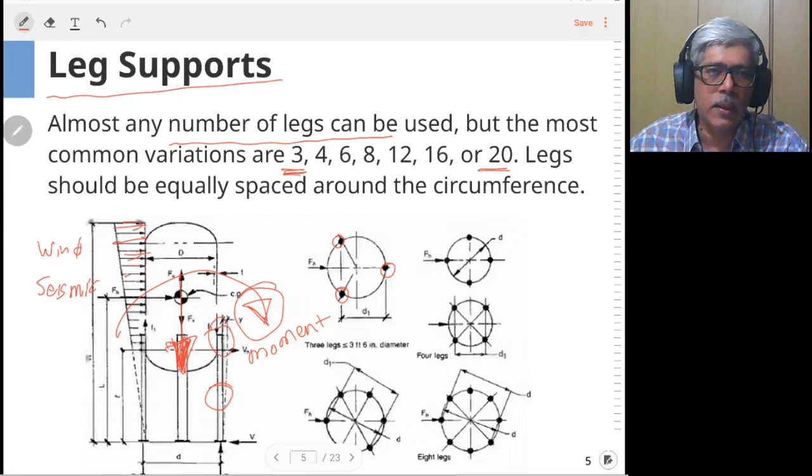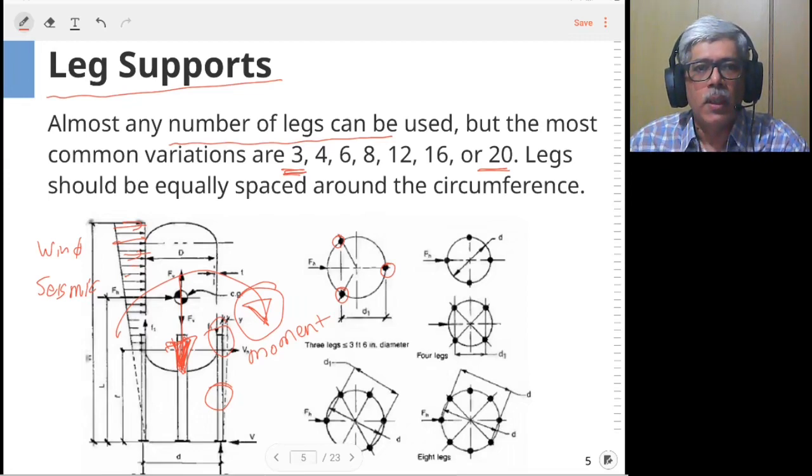That has double complexity, in the sense there is internal pressure or external pressure acting that causes one kind of stresses, and the localized reaction which is acting at the junction gives rise to another kind of stresses. So you have to analyze both together. Most of the times either finite element method or analytical methods are available which can be used for doing these calculations.